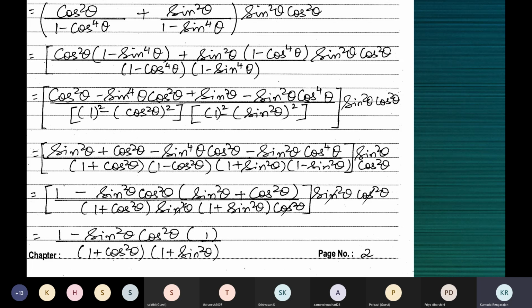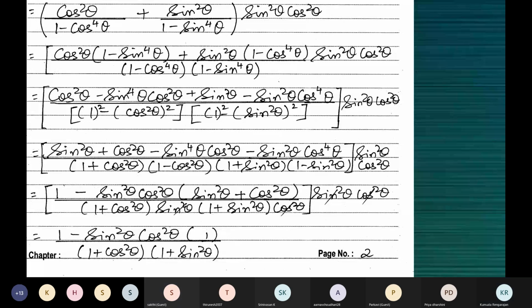You will not get... See, how did you get? You are assuming that 1 minus cos theta to the power 4 will be sine theta to the power 4. How? Okay, how can you? 1 minus cos square theta is equal to sine square theta is correct. You square it on both the sides. Then you'll get sine theta to the power 4 is equal to 1 minus cos square theta the whole square. When you expand that, you will not get 1 minus cos theta to the power 4.